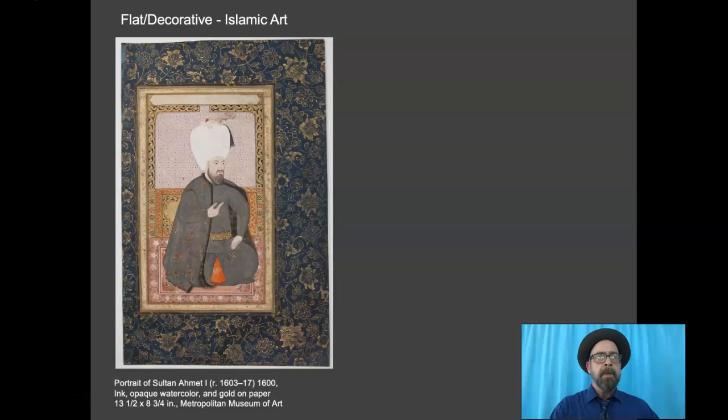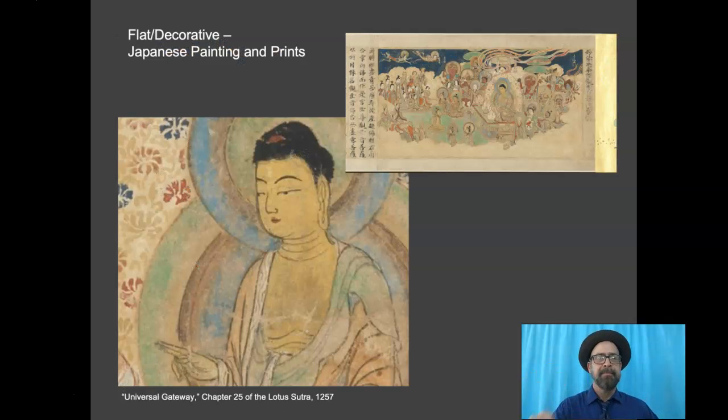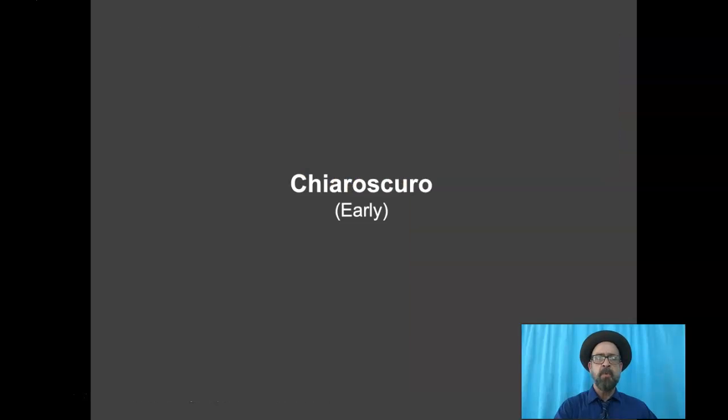So again, flat, decorative works of art leading up to chiaroscuro. Here's a Japanese painting from the 1200s. Again, Japanese art, very flat, very focused on that two-dimensional surface, very decorative.